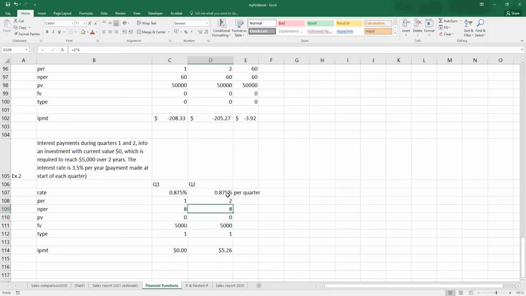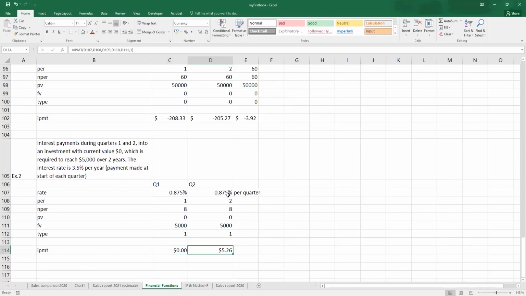But if you invest a lot more money, for example 500,000, you can see that even though the amount of money is quite a lot, you just pay 8 times and the period is quite short, so in the first quarter you receive no interest yet.